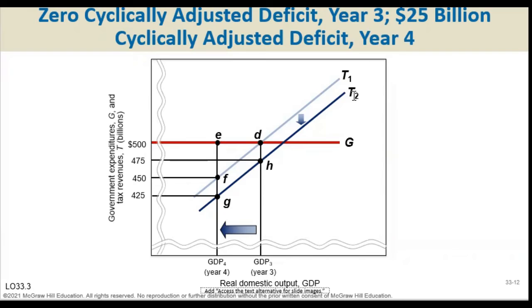And doing that has increased this cyclically adjusted budget deficit from 0 in year 3 to 25 billion in year 4, after the tax cut.